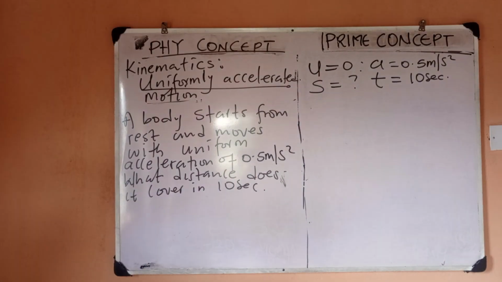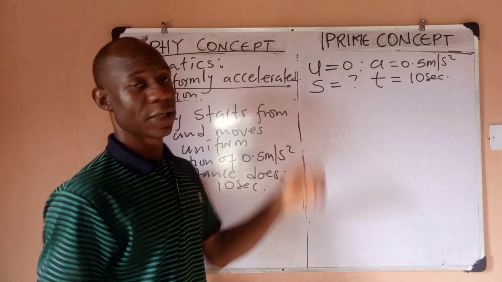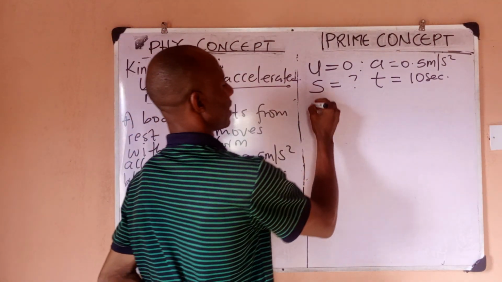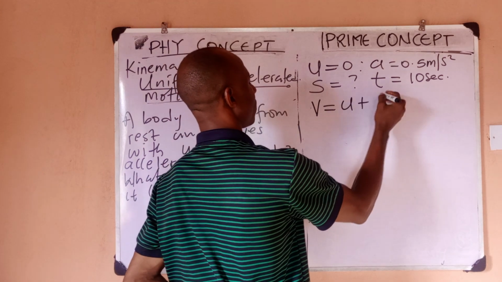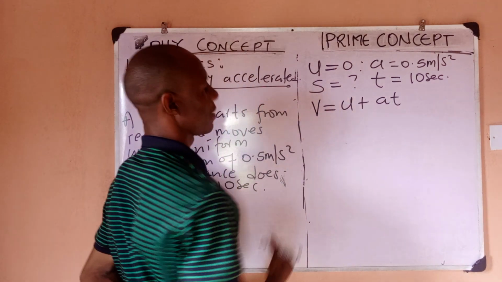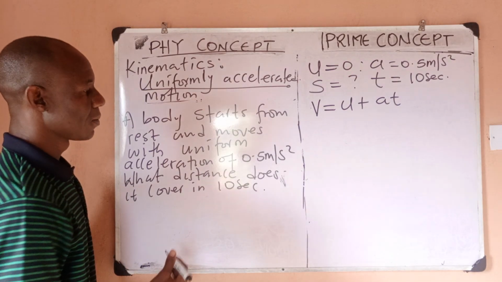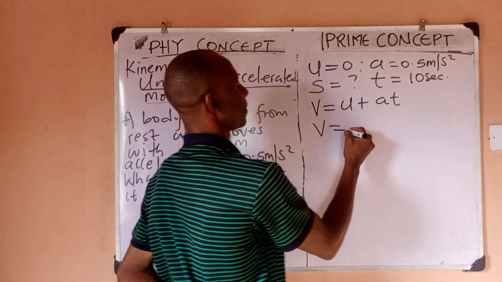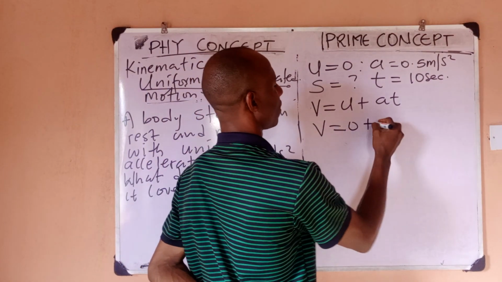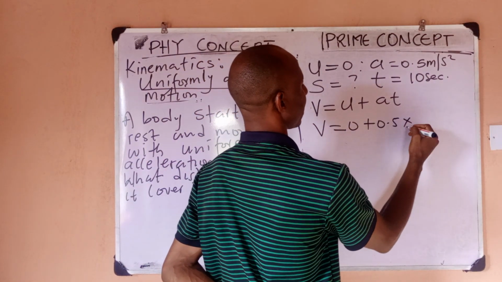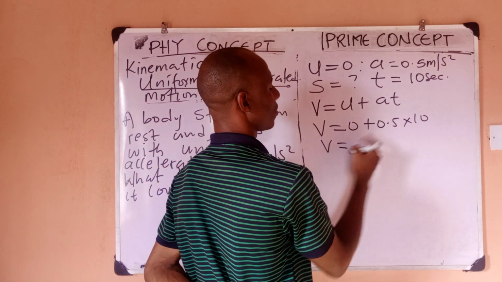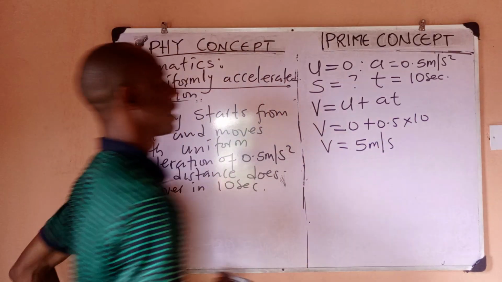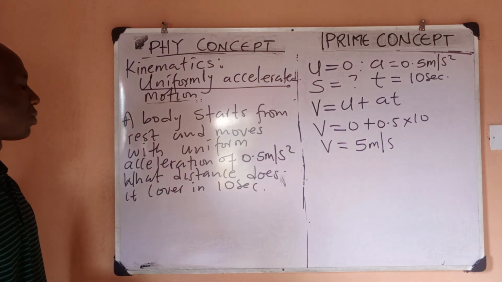Let me rub the board. All right. Now a different approach we can take for this also is to know that we can say v is u plus at, and we'll get our final velocity at this point. Now you should understand what this question is saying. So we have that v is equal to u, which is 0 plus a 0.5 times our time 10. So v becomes this times this, which is 5 meter per second. So this is our final velocity with which the body is moving.